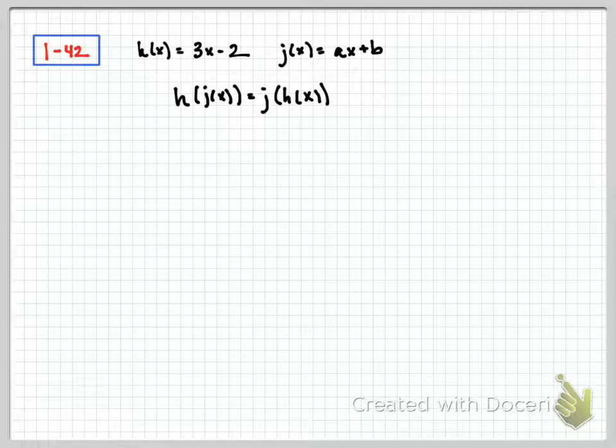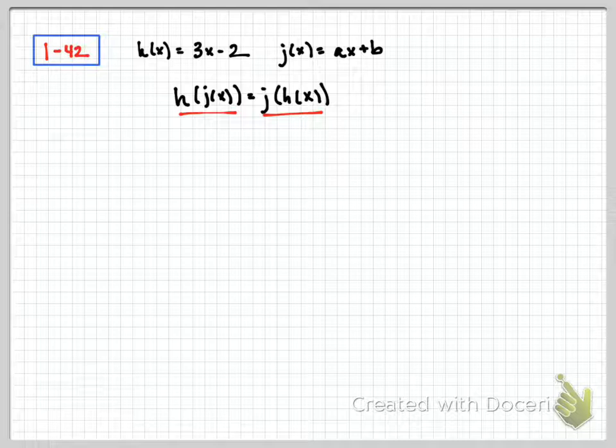Well, where we want to go first is essentially what they're telling us to do, h of j of x and j of h of x, which is a composition of functions and something which we've done a little bit with. So this is where the flipbook notes I actually gave you and had you record at home.